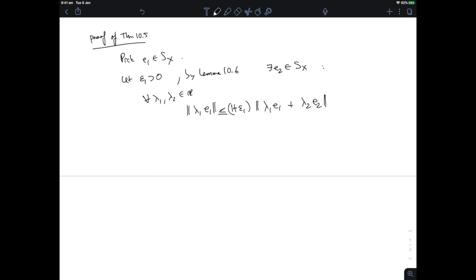Okay, now you can iterate that argument, so now we're going to find a direction such that we are reasonably close to any vector in the span of E1, E2.